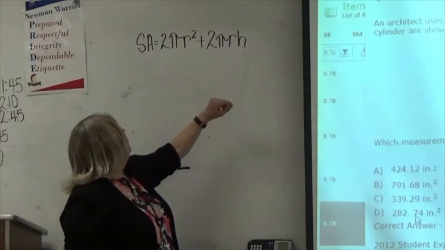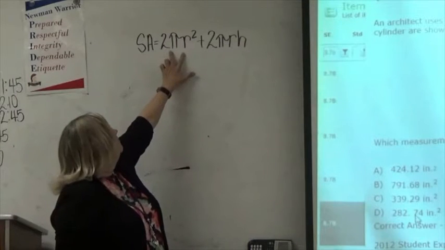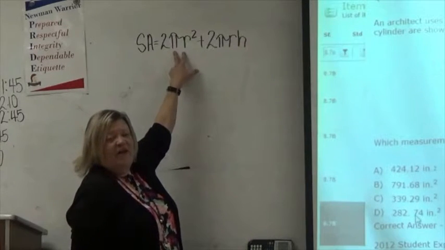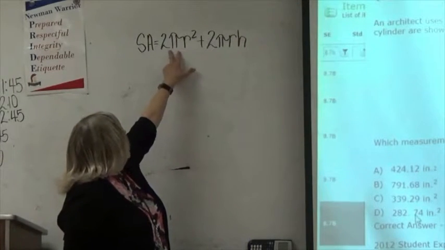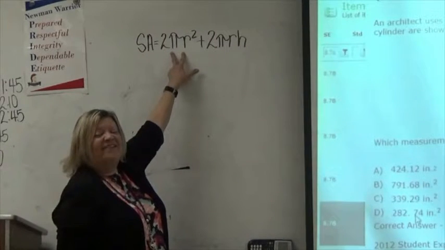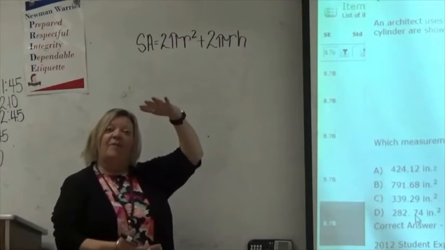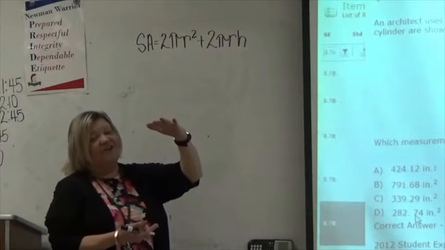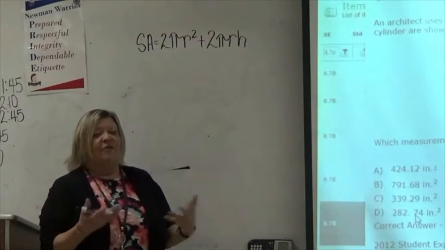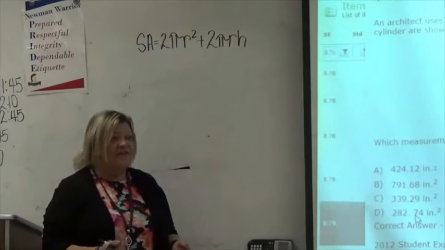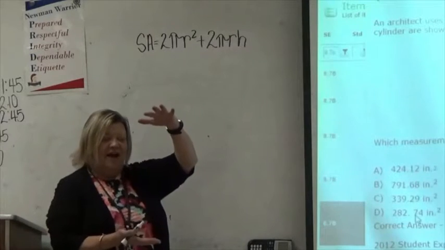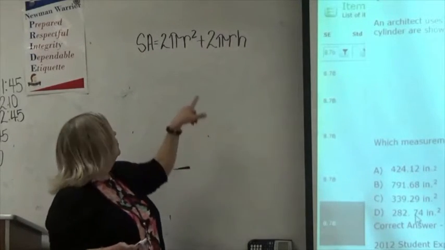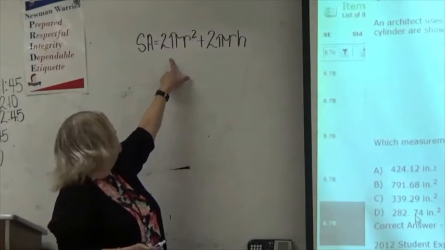It comes in two parts. If you remember with volume, pi times radius squared is the area of the base. Well, a cylinder has two bases. So to figure out how much area those two bases cover, we have to multiply that by 2.